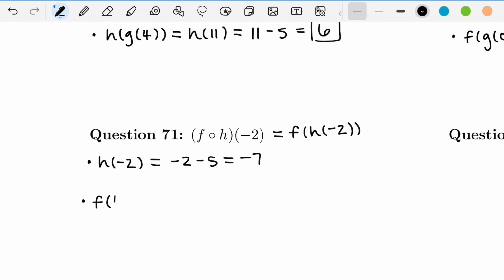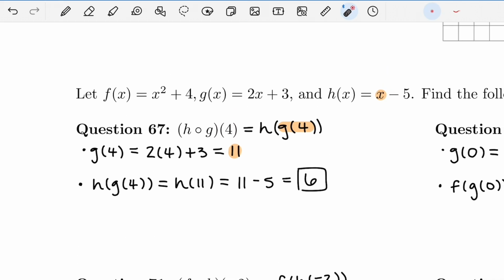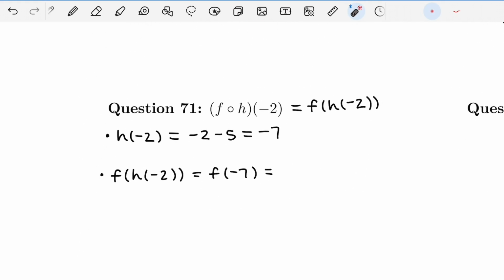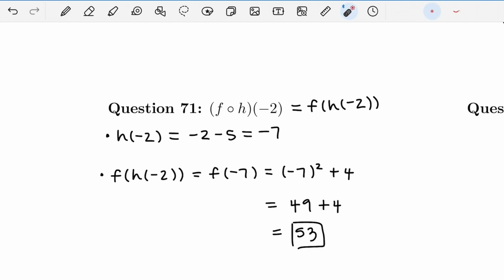So f of h of negative 2 is the same thing as f of negative 7. So we'll evaluate this by plugging negative 7 into this function. So we're going to get negative 7 squared plus 4. This gives us 49 plus 4, which is 53. So f of h of negative 2 is going to give us 53.